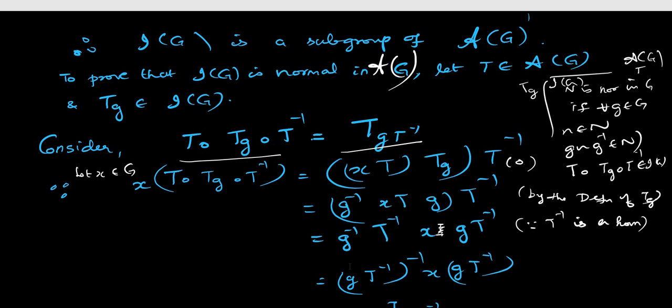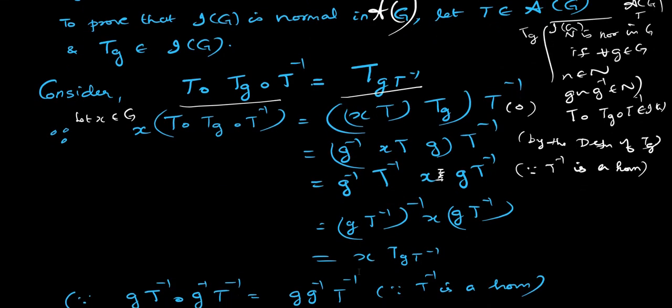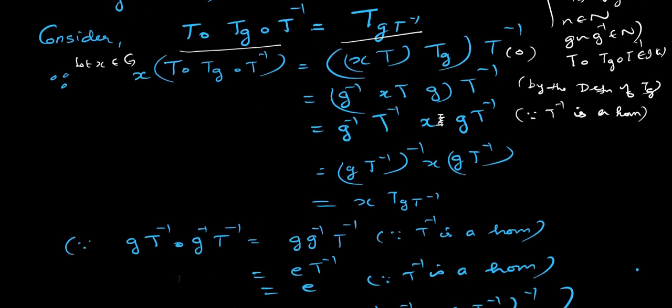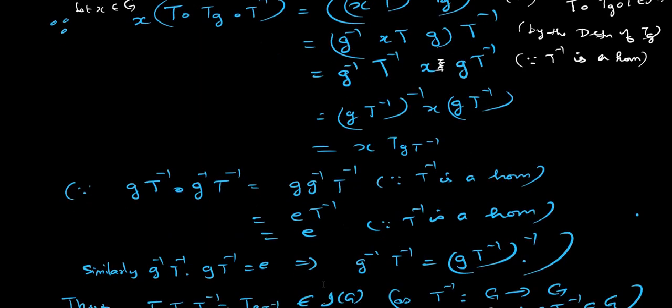Presuming that is established, we have this, and this obviously gives us the image of x under (g T inverse) inverse. To prove that, we consider g T inverse composition g inverse T inverse. Because T inverse is a homomorphism we have this step, and g g inverse being e, you have this, and T inverse being a homomorphism takes the identity element to the identity element.